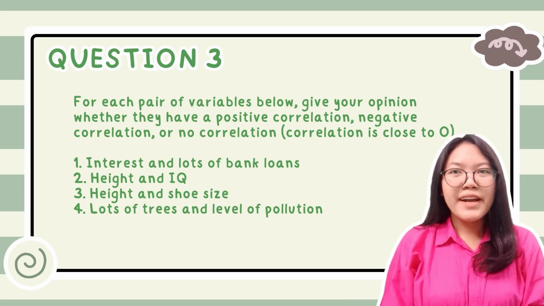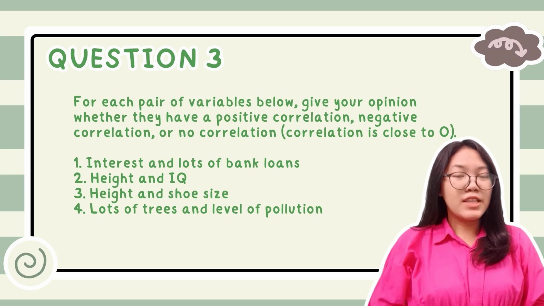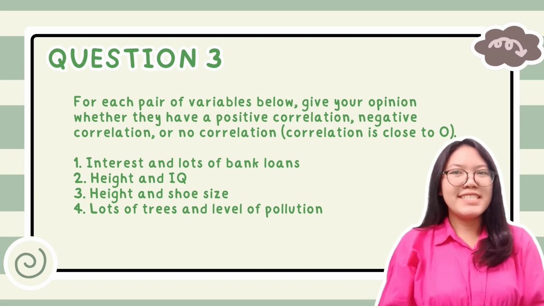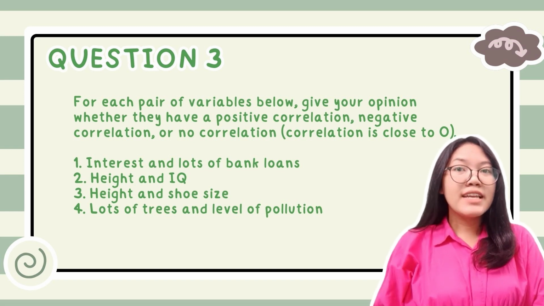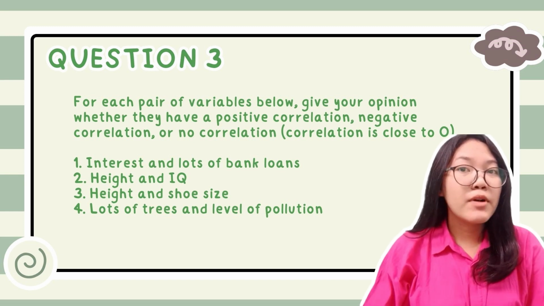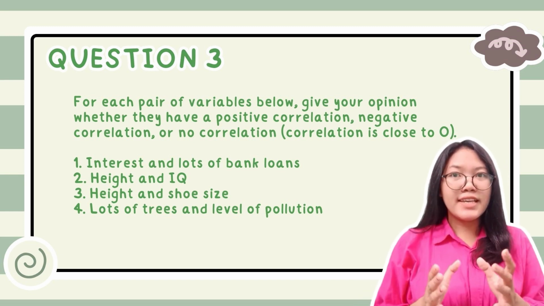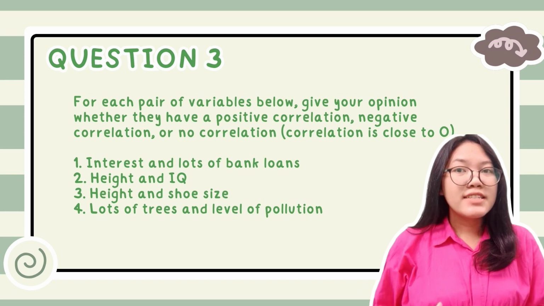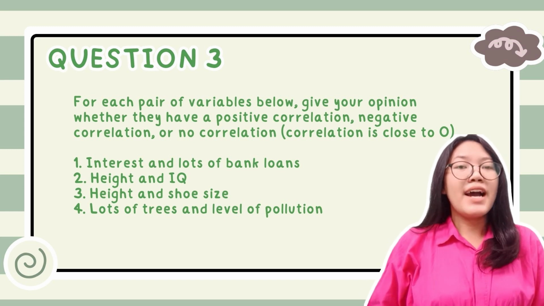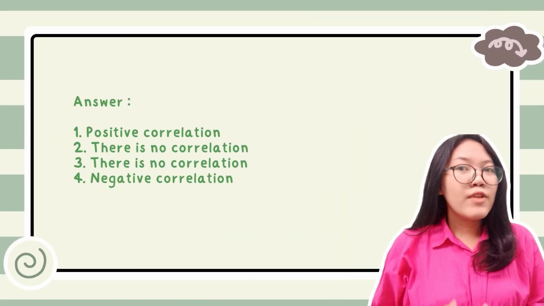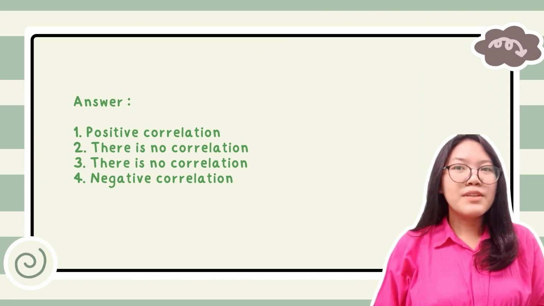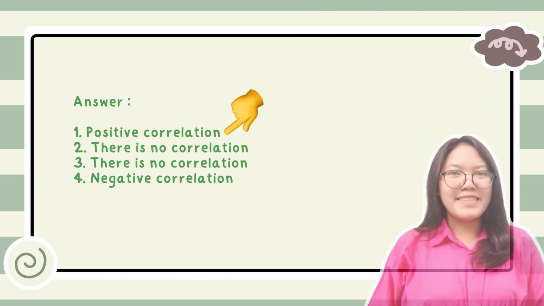So for point A, about interest and lots of bank loans, it is a positive correlation, guys, because they are interconnected. If the money we borrow is a lot or increases, then the interest we will get will be higher. And this is influenced by the same factors, so point A is a positive correlation.